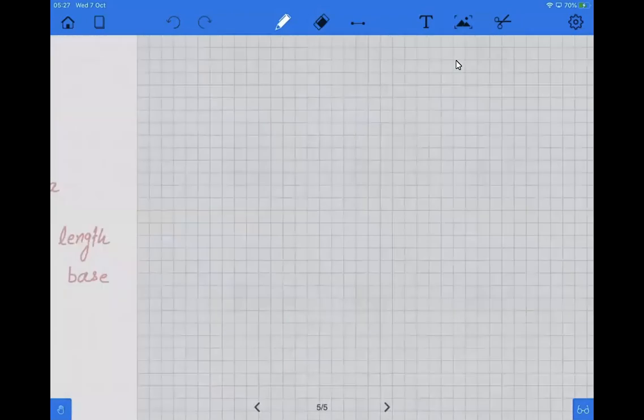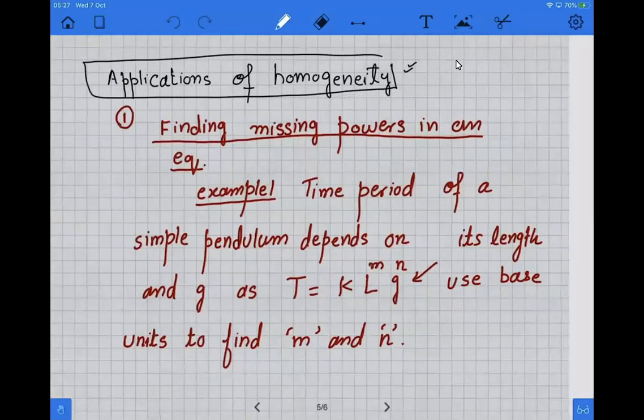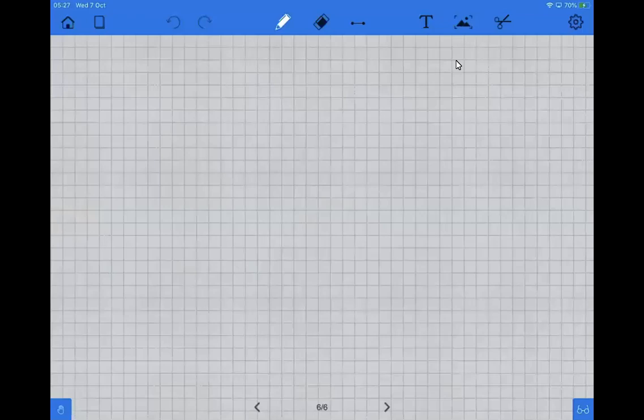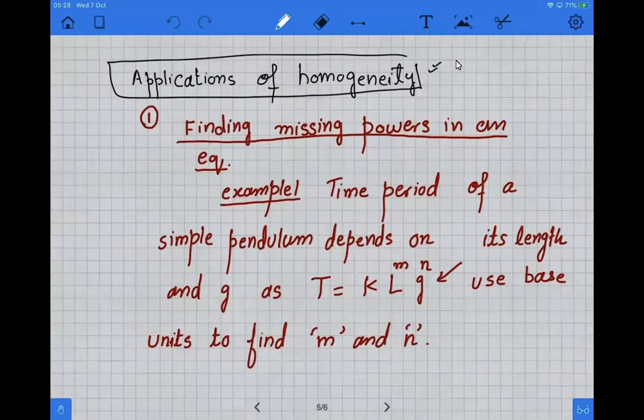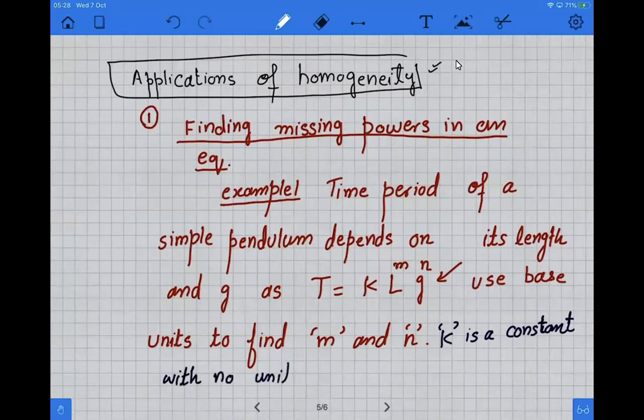For example, now the relation is T is equal to k L power m g power n, and one more thing, one thing is missing. Given that k is a constant with no unit.